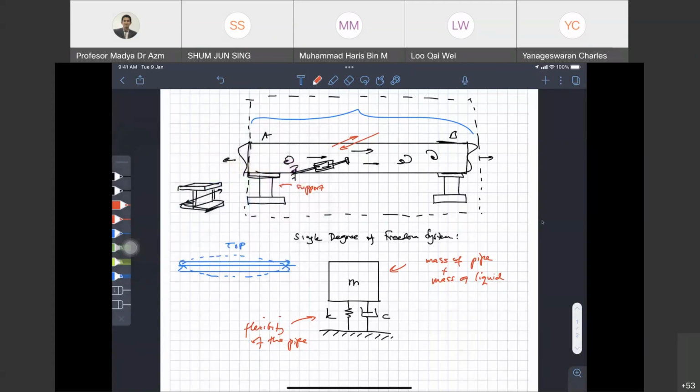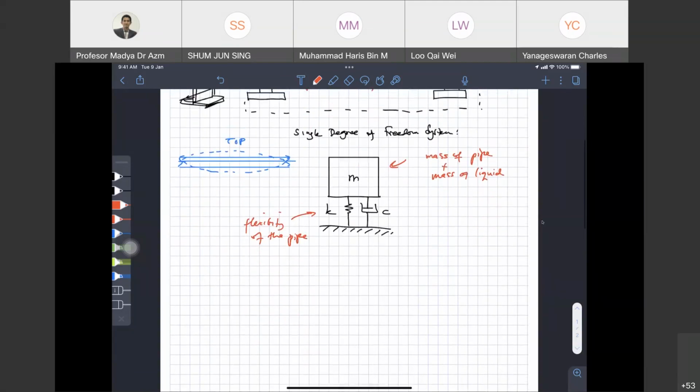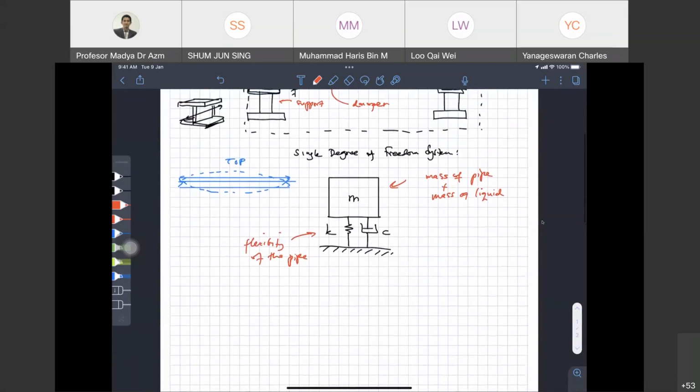If they make additional damping, this one is the damper. Okay, that will be the damper. The additional damper's value is much higher than the internal damping. Okay, so that's the modeling of the mass, spring and damper model.